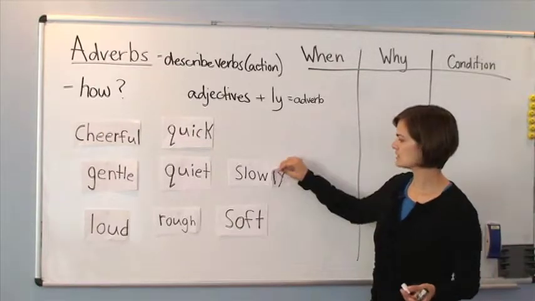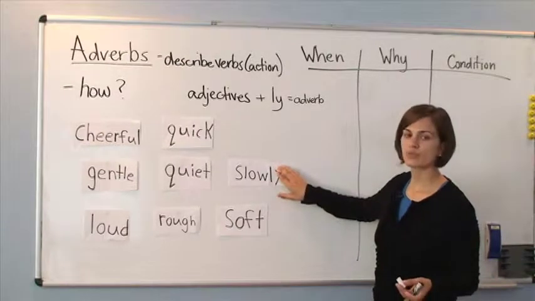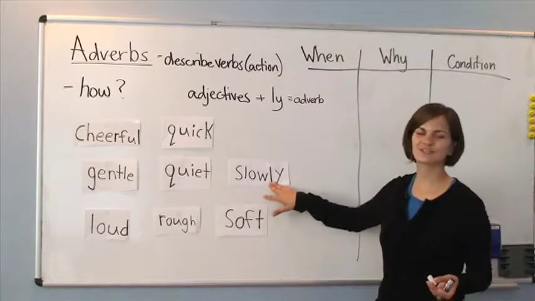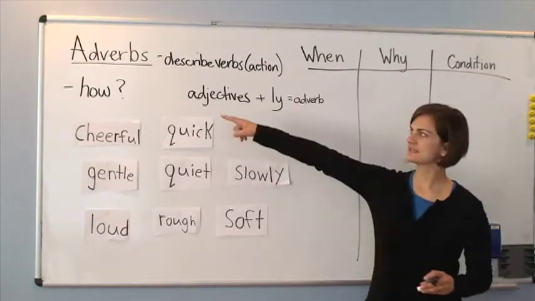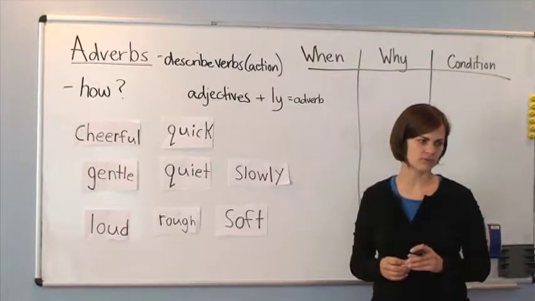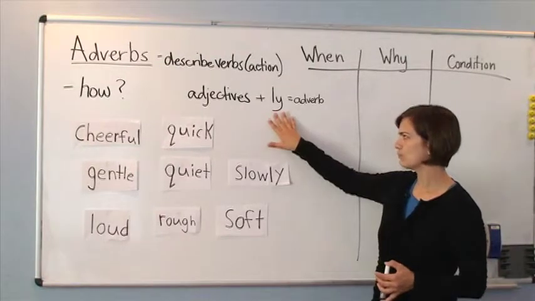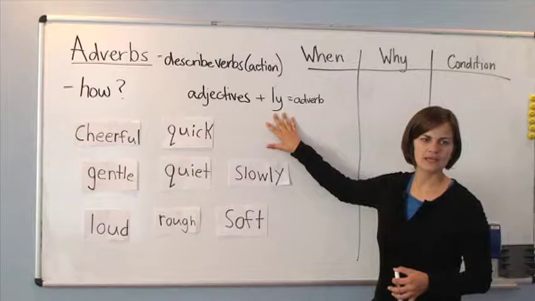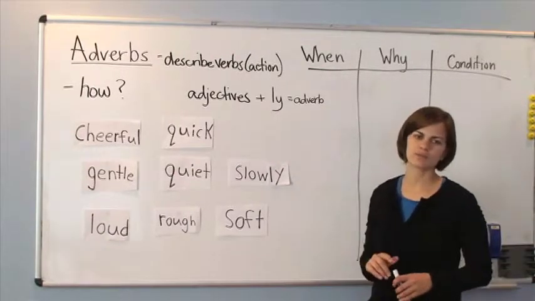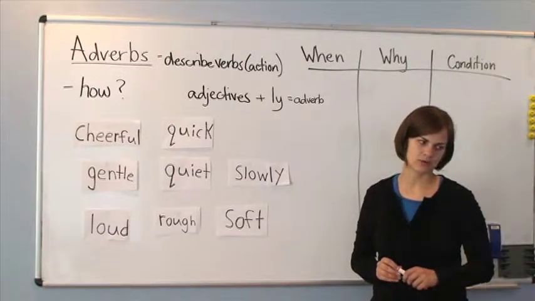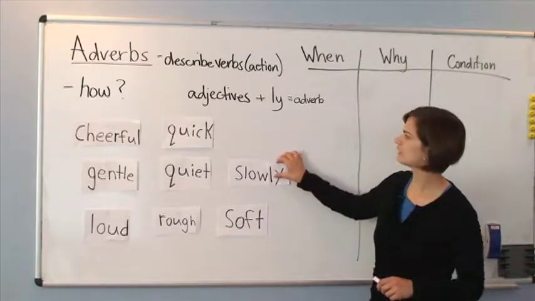Or now, I'm going to change the meaning. I'm going to say, the car drove slowly. It tells us how the car drove. So remember, these adverbs, most of which end in ly, tell us how. Not all of them. There are many that do not end in ly also. But those are the ones we reviewed.